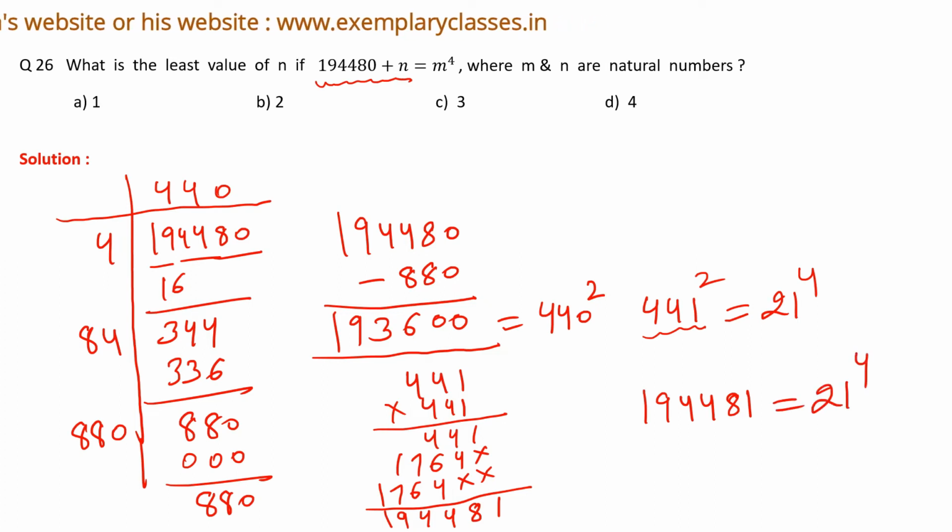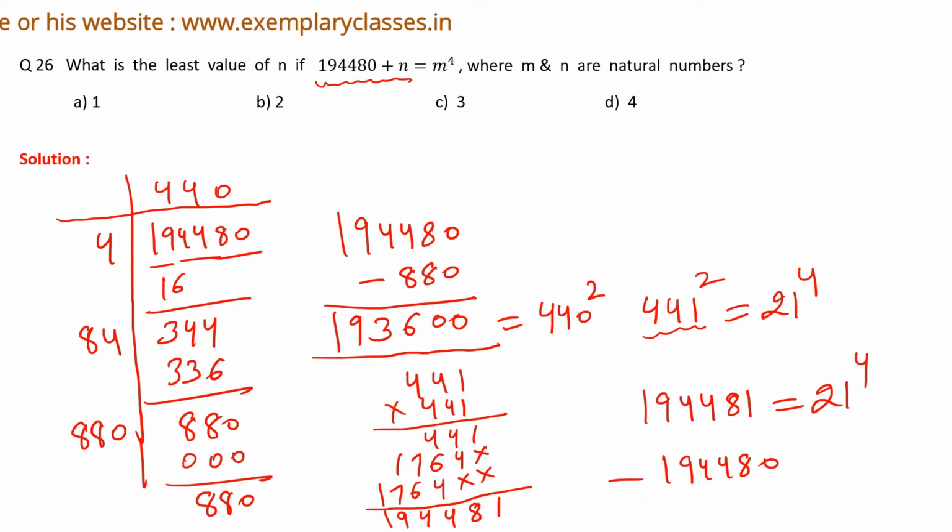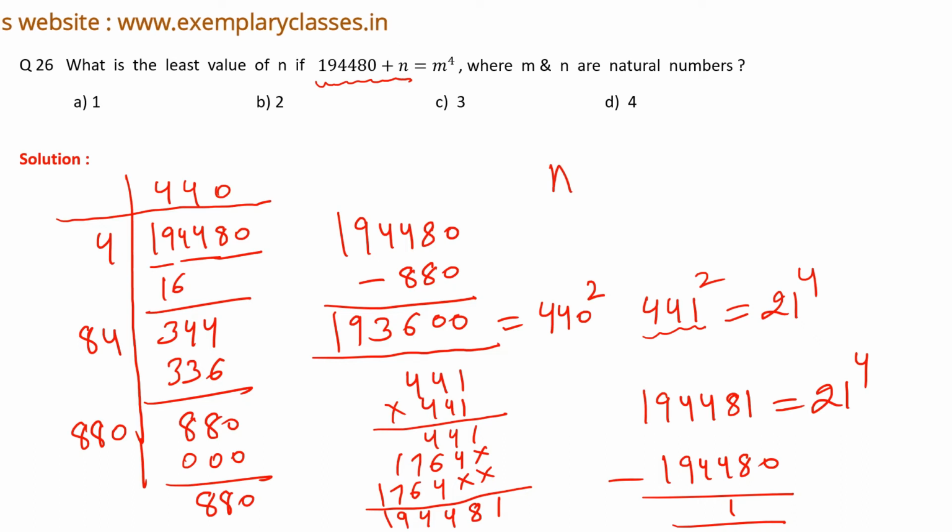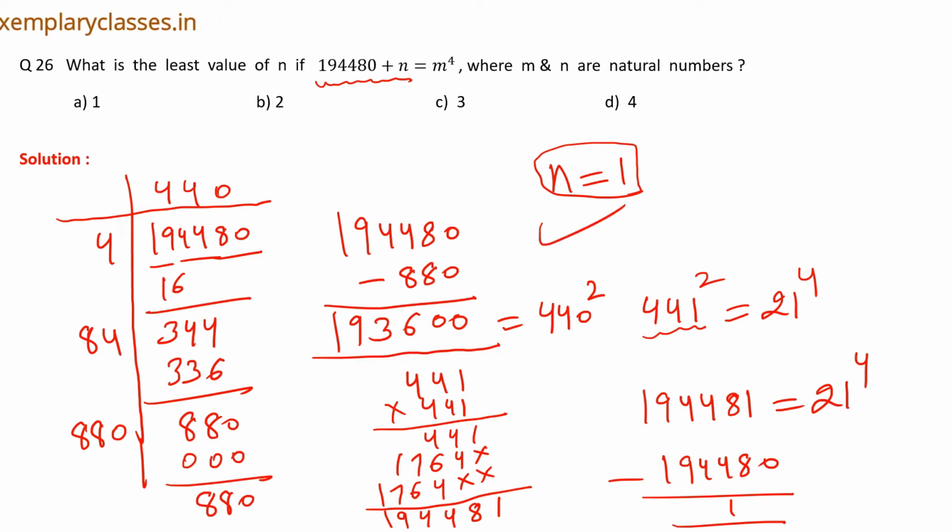So if I just subtract 194480 from it, then the difference comes out to be 1. So that means the value that I need to add to 194480 to make it a perfect fourth power, and it is going to be the smallest such value, then that is n equal to 1, right? So this was a nice question. Now we move to our next problem.